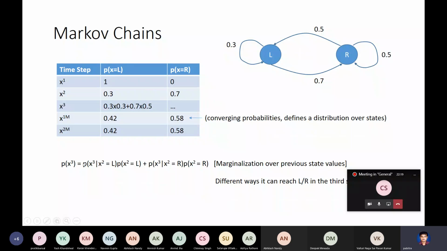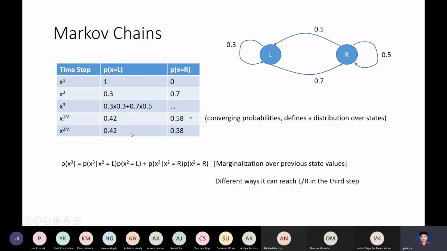If we plug in these values, you will get the answer. This can be thought of as a marginalization process, and you can keep on doing this at every step.